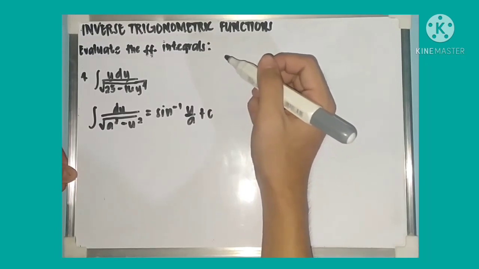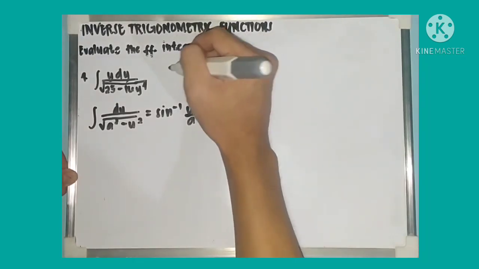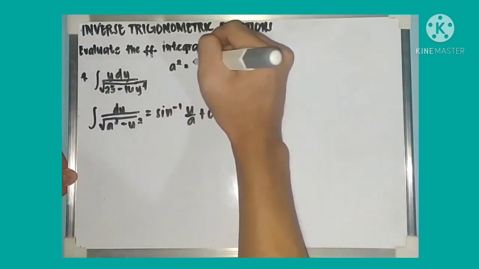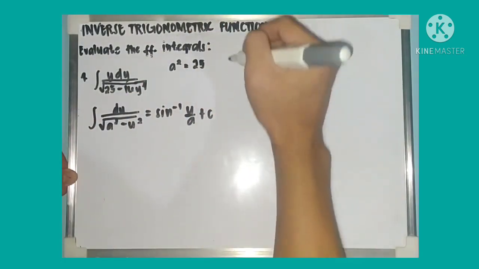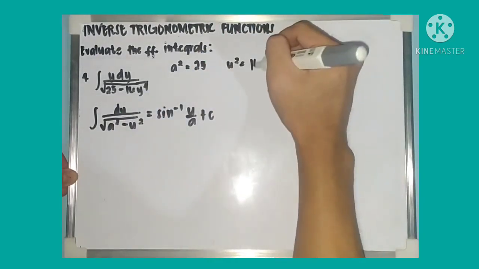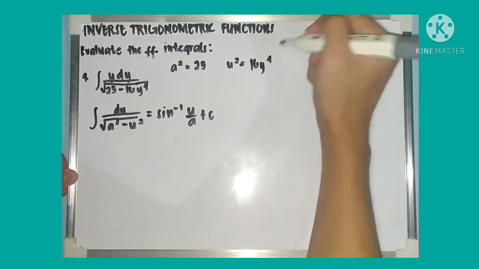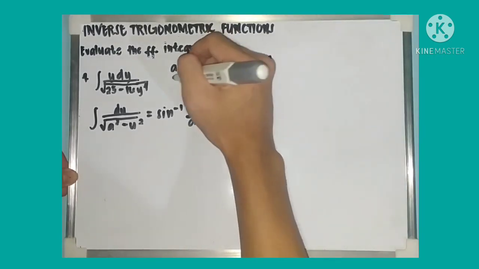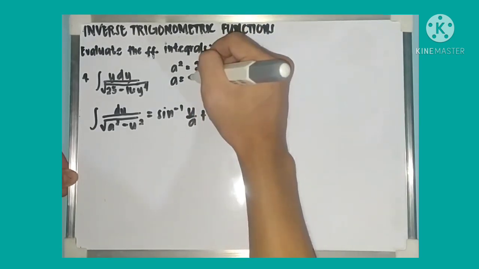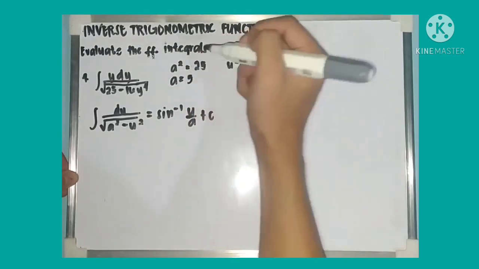So, una natin gagawin is maglalet a squared tayo. So, our a squared is equals to 25. And our u squared is equals to 16y raised to 4. And our a is equals to the square root of 25, which equals to 5.